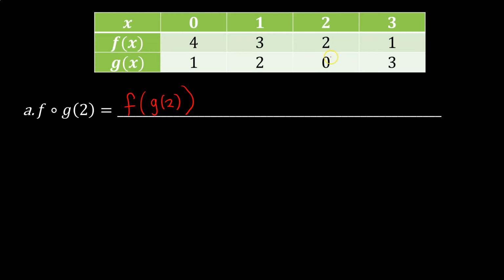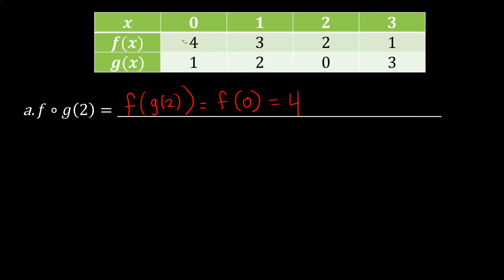G of 2 is 0. That's my output when input is 2. So this becomes f of 0. Well, how do I find f of 0? Input is 0, go to the function f, the value is 4. And that's how that works.